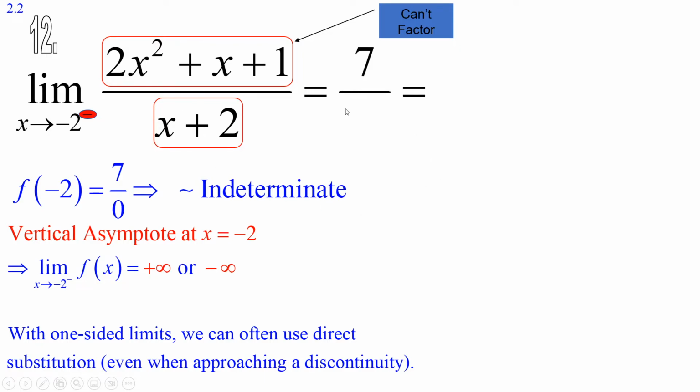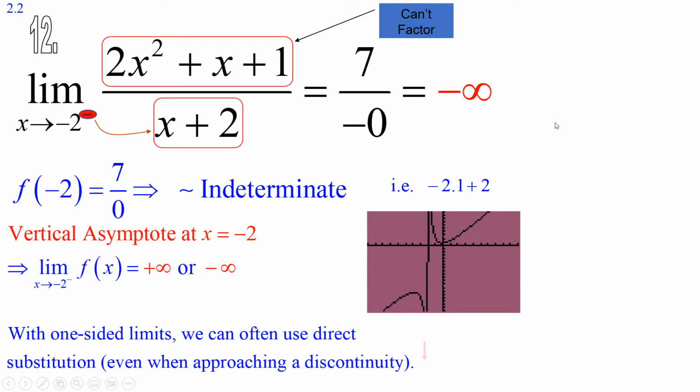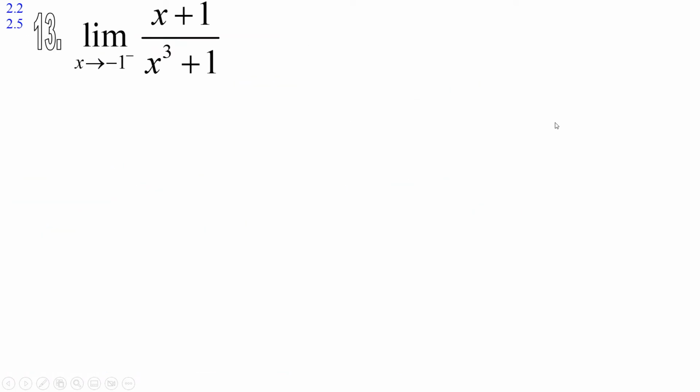Now, this is not real appropriate notation, but I'm going to write it like this: a negative number approaching 0. So a positive real number divided by a negative number approaching 0, that's going to be negative infinity. And that was one of my two possibilities right there, and there's my graph to determine that too. Look at that, negative infinity right there.